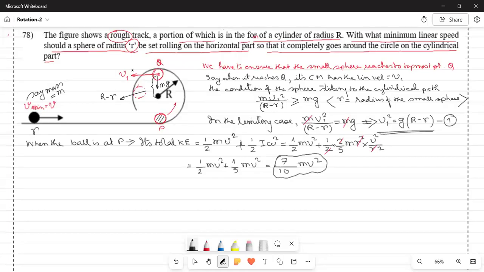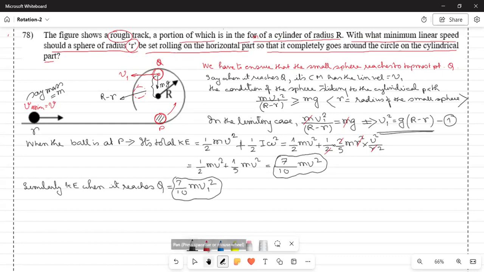Similarly, kinetic energy when it reaches Q is equal to 7 by 10 m v1 square. Why did we reduce this expression? Because the difference of kinetic energy between P and Q will be equal to the potential energy gained. That is a very simple idea, nothing else.